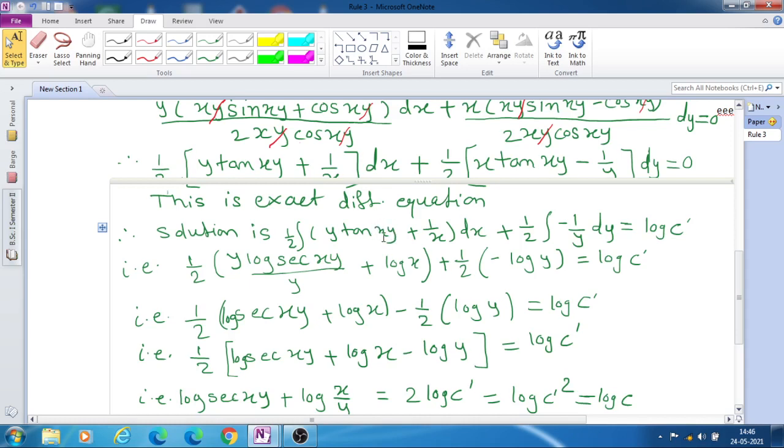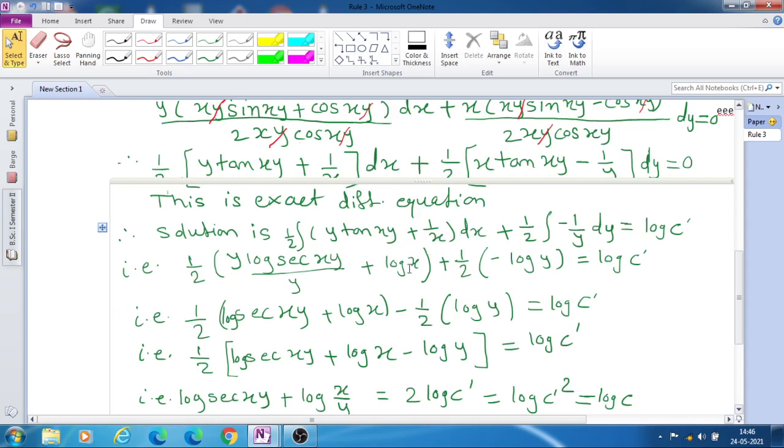So derivative of x into y with respect to x, y is constant, therefore y into derivative of x is 1, therefore only y, so dividing by y.